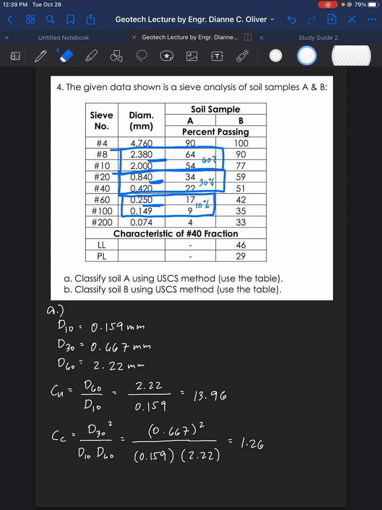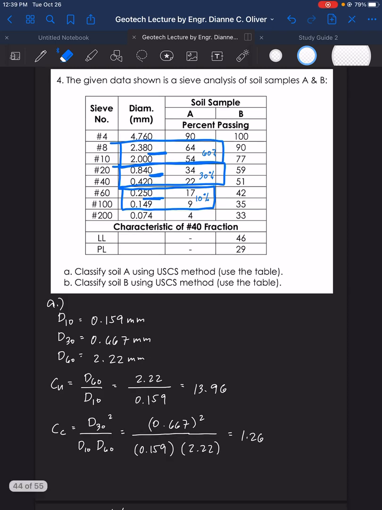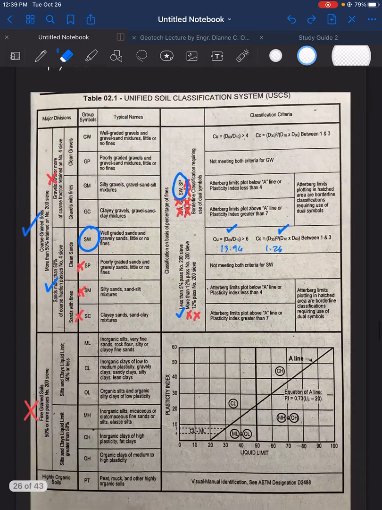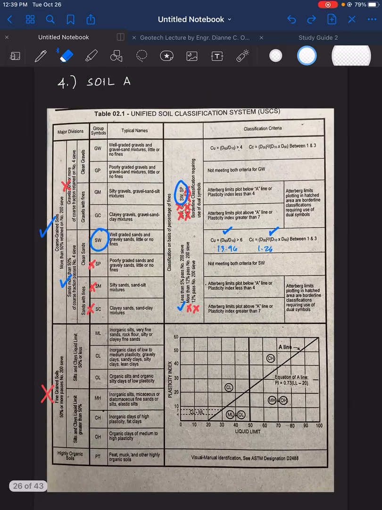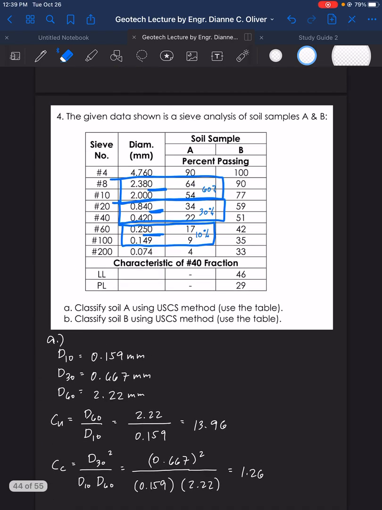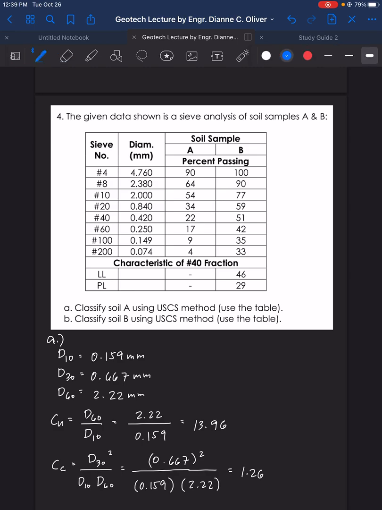Okay, so before we proceed with soil B, screenshot first the solution for soil A. So this is soil A, and the table for soil A is this one here. Okay, now let's go to soil B. So let's concentrate on soil B.